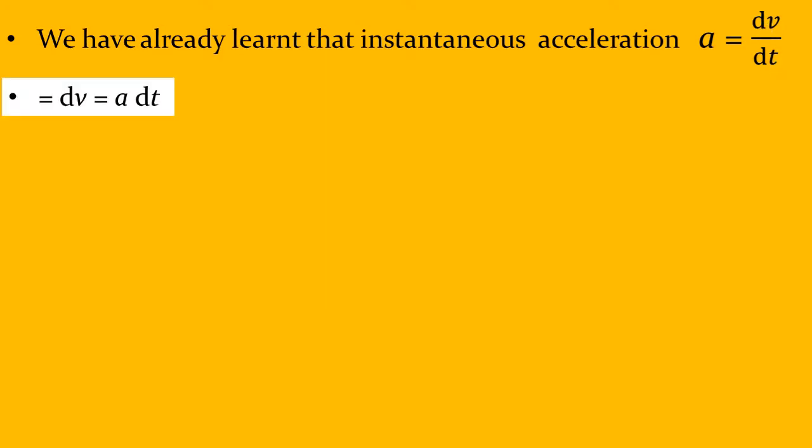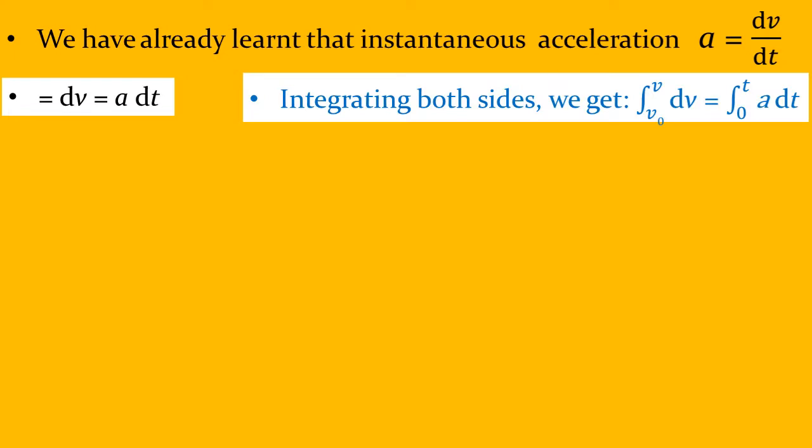Now I can write this as dv is equal to a dt. I can integrate both sides. So I have got integral dv within the limits v0, initial velocity, to final velocity v, and on the right hand side integral of a dt between initial time 0 and the final time t.